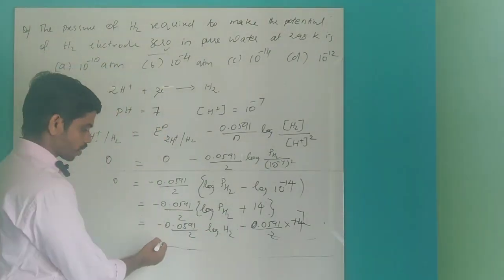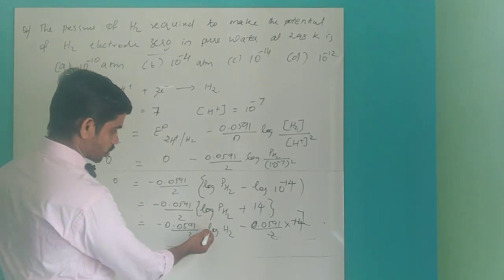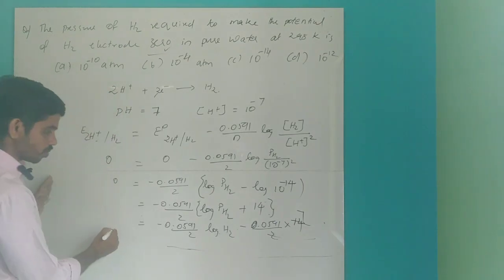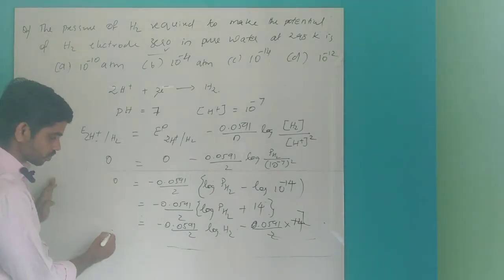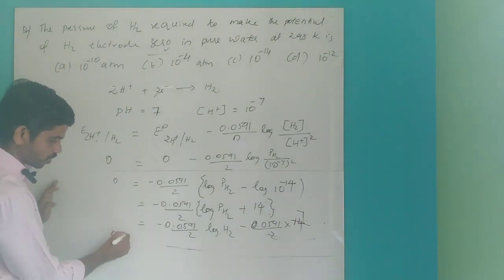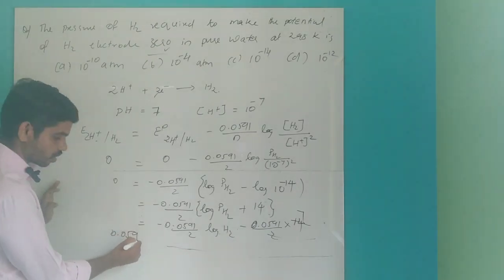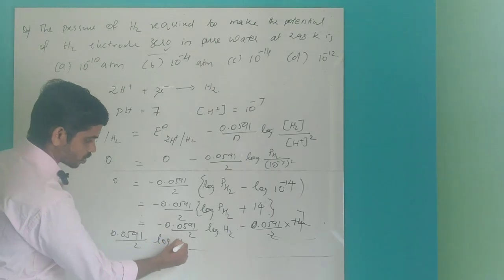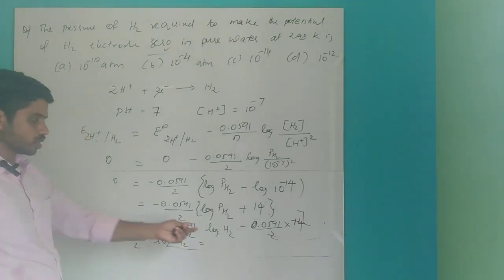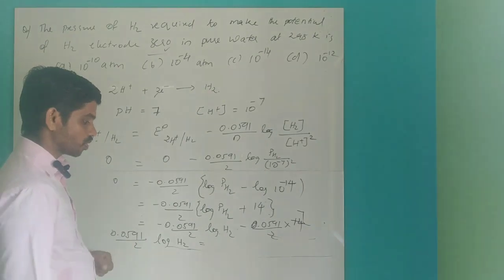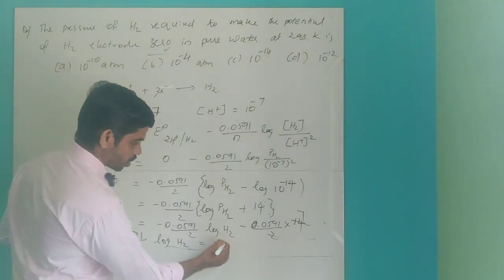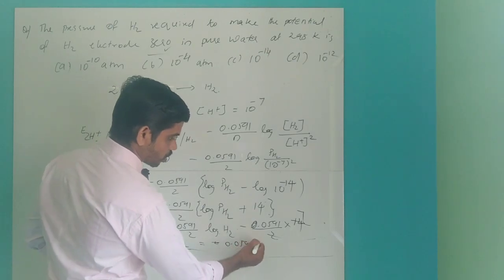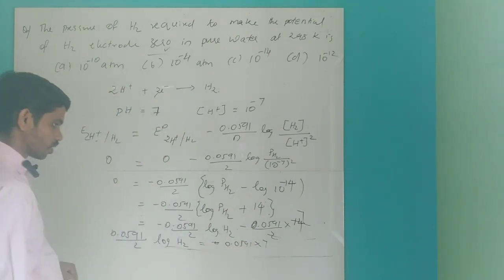Now we want this value, so you can take this term to this side. Now it will be 0.0591 by 2 log of H2 is equal to, this term I am taking to this side, so which is equal to minus 0.0591 into 7, right.